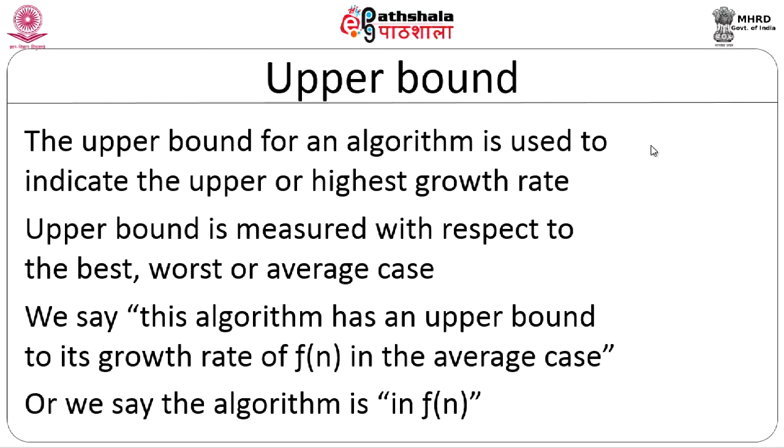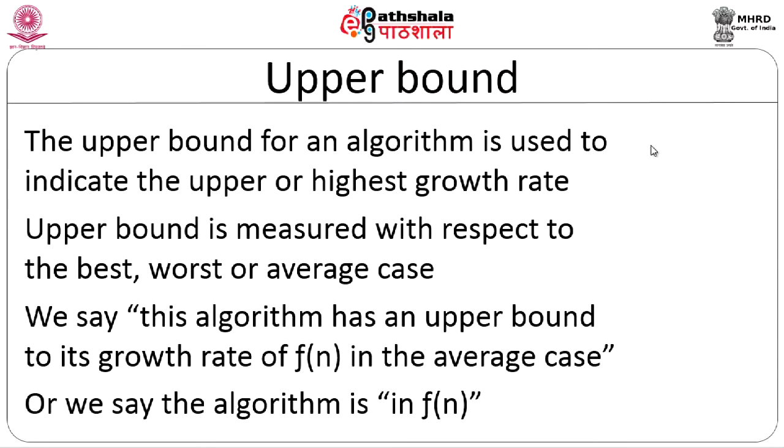So, upper bound can be measured with respect to the best, worst as well as the average case, and we can say that the growth rate of f(n) is in f(n). So, that means this algorithm has an upper bound to its growth rate f(n) in the average case. In other words, we can say that the algorithm is in f(n).